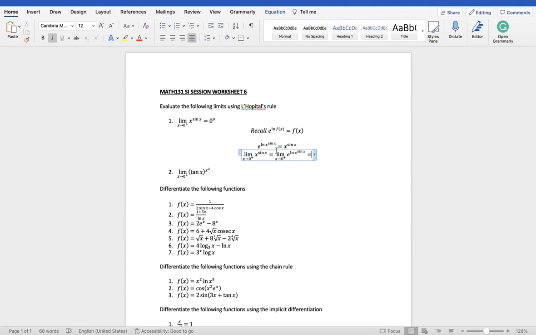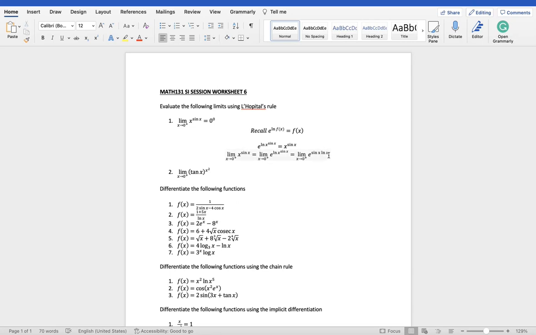So the exponent there, which is sine x, can come out of the logarithmic expression and stay here. So now you have the limit as x tends to 0 from the positive side of e to the sine x times ln x.